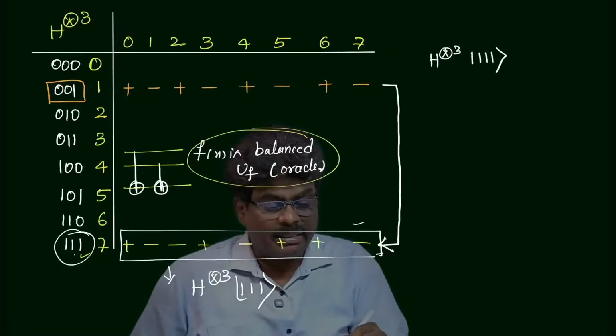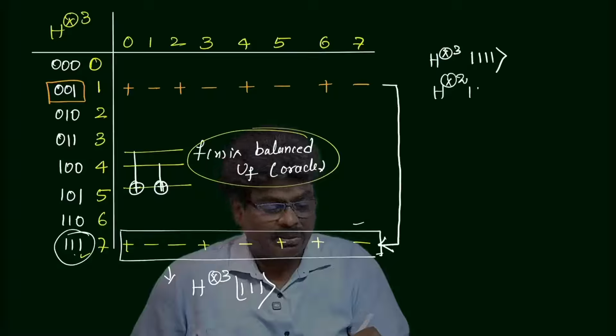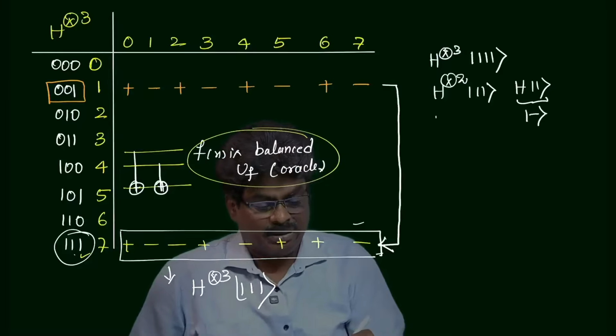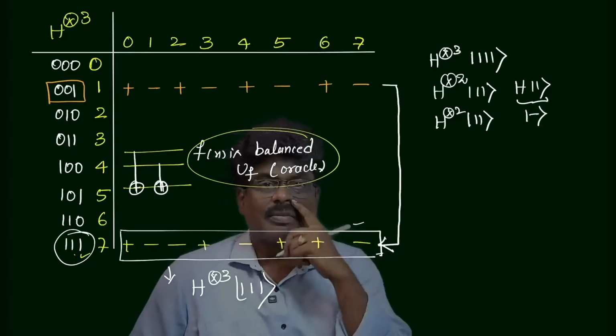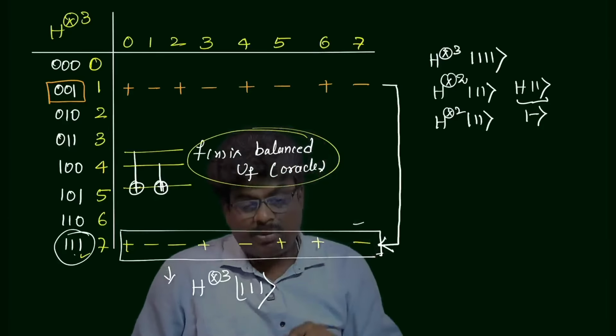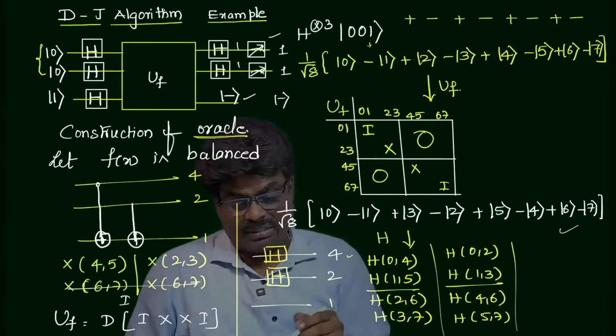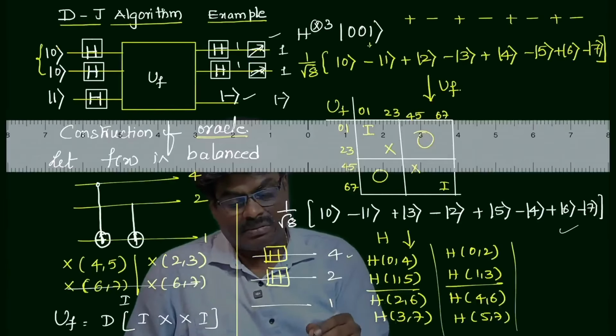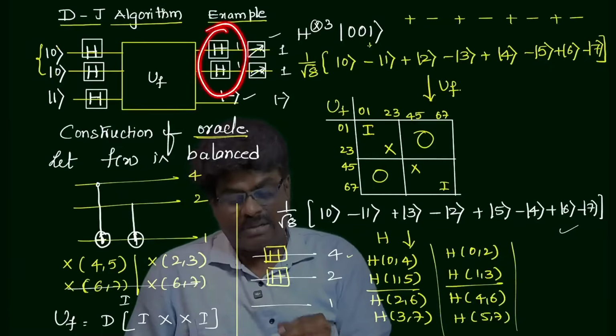Now I am separating the first two, that is H tensor 2 on 1 1 and H on 1. This H on 1 is nothing but minus. So here we got H tensor 2 on 1 1. Now I'm coming back to the Hadamard operation, these two. I hope you are observing.